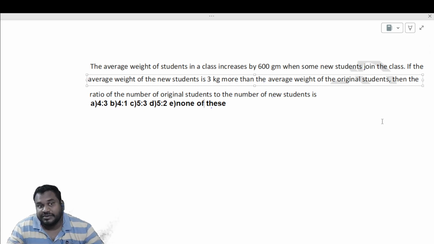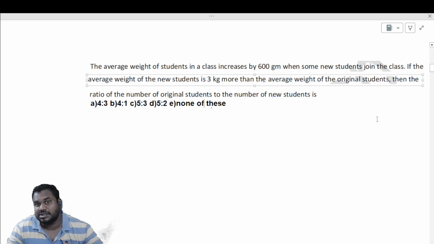The average weight of the new students is 3 kg more than the average weight of the original students. Suppose the average weight of the original students is k. Then the new students' average weight will become k plus 3000 grams.